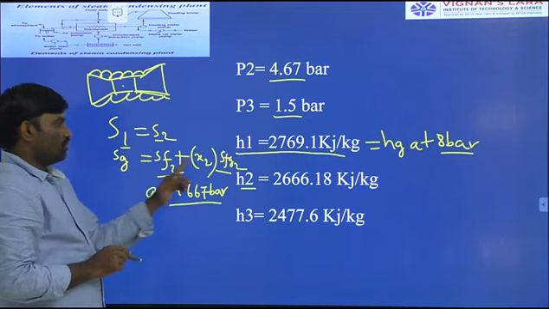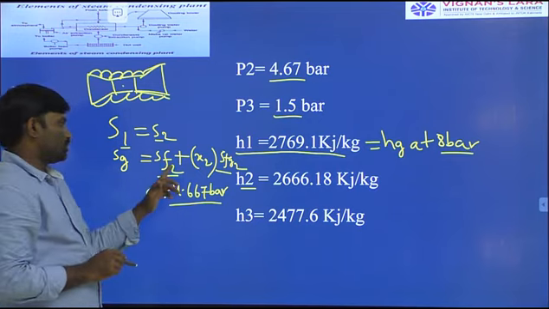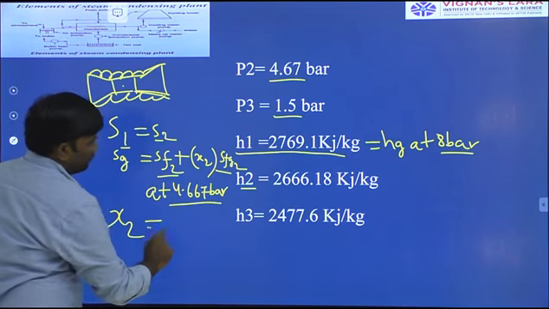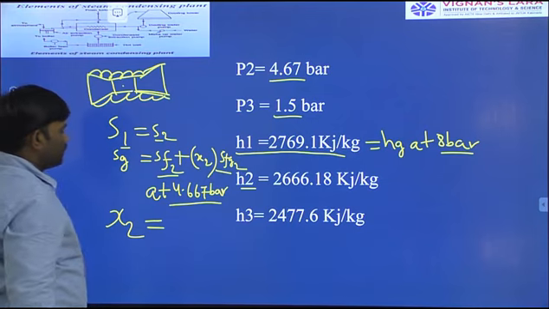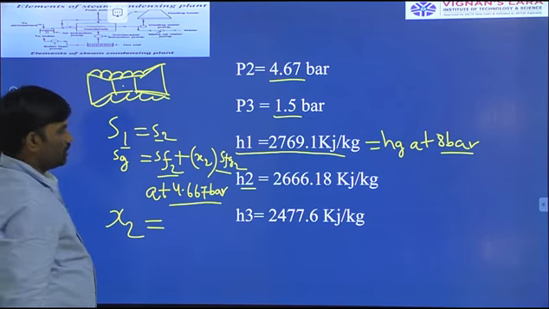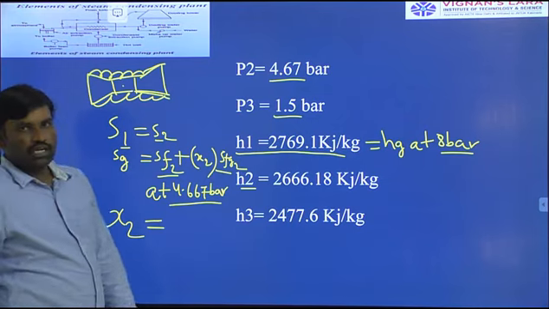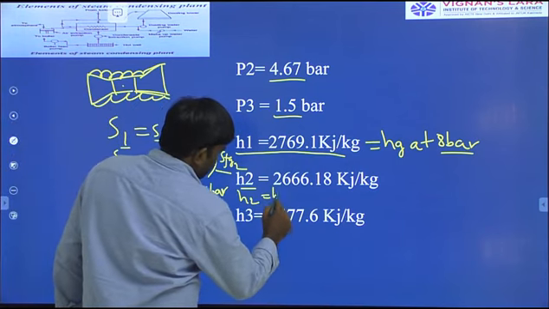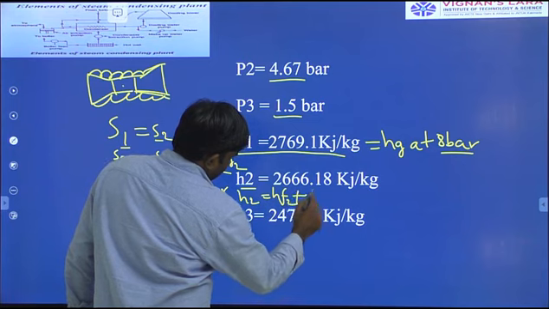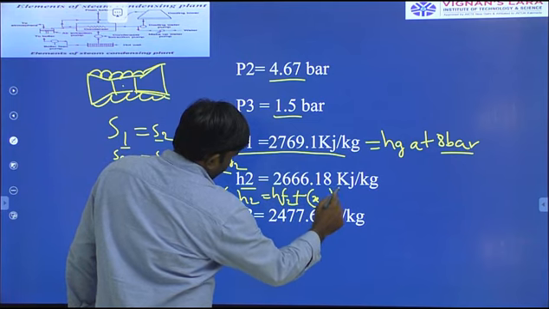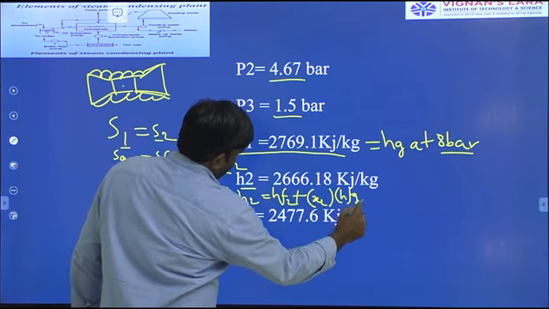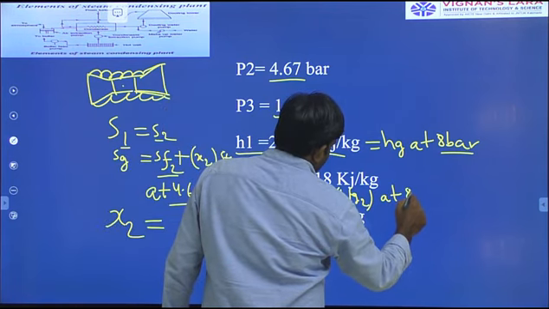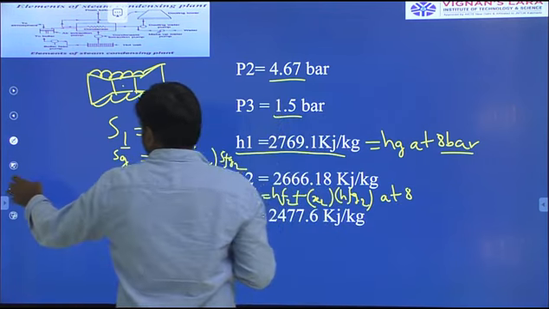The SF and SFG values we have to take at pressure P2, which is 4.62 bar. Substituting them, you can easily calculate the X2 value. With the help of the X2 value, you determine H2, which is equal to HF2 plus X2 into HFG2 at the pressure of 4.62 bar.